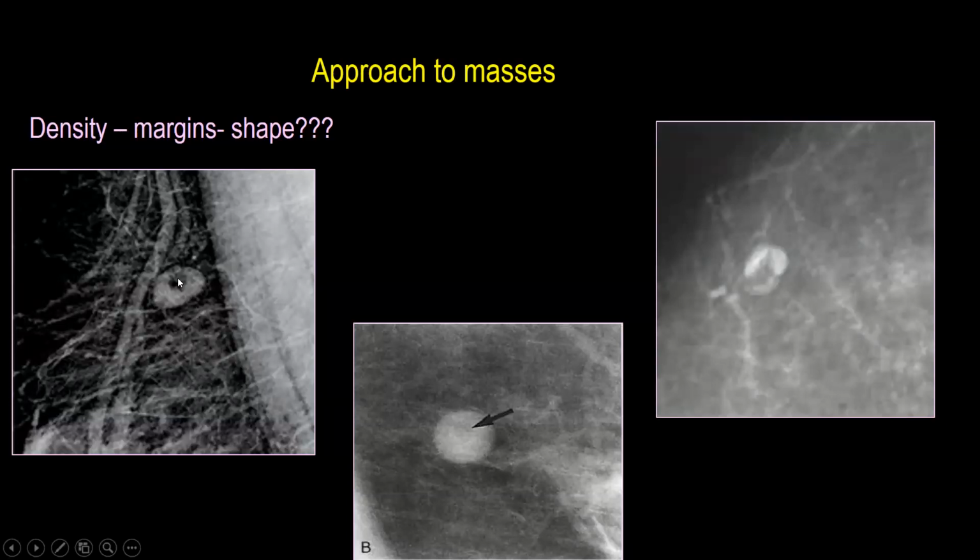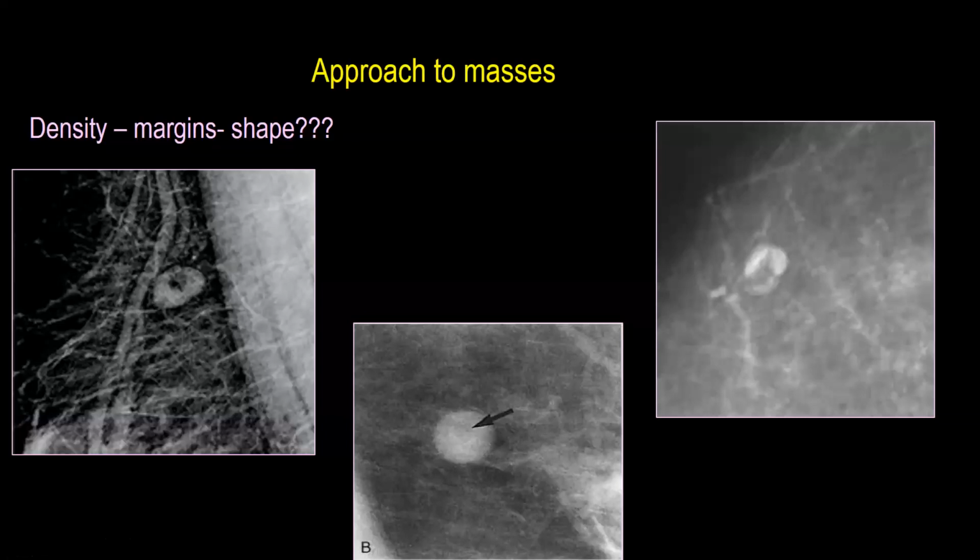It's fat. And here, it's also fatty. Okay, so we call it mixed density. Yes, this is mixed. This is fat containing, and this is the same. This arrow is pointing to one that looks a little bit fainter, but it is the same.